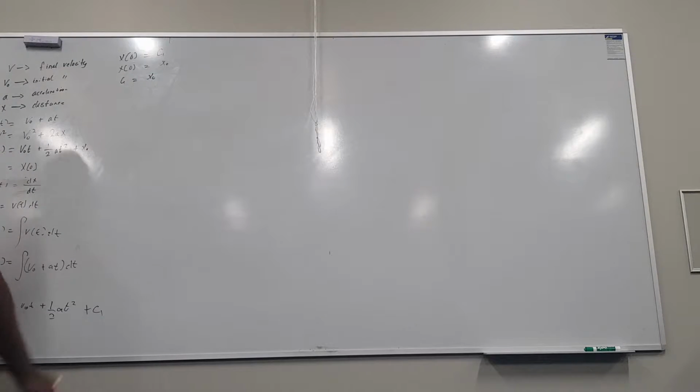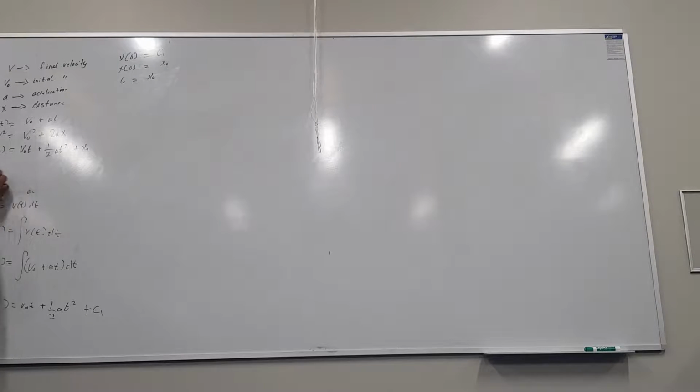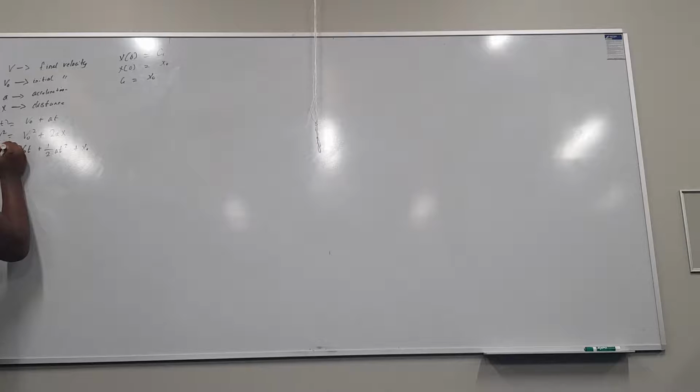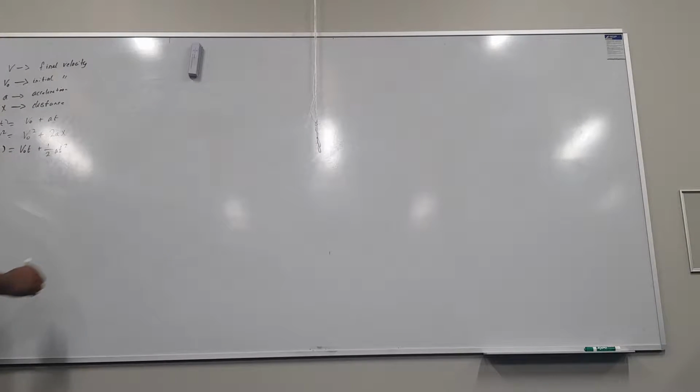So we can see that x of t is equal to this, but this is not necessary. Well, it's necessary for the sake of understanding where x naught comes from. But for the sake of simplicity, we're going to assume that x naught equals 0. Okay.